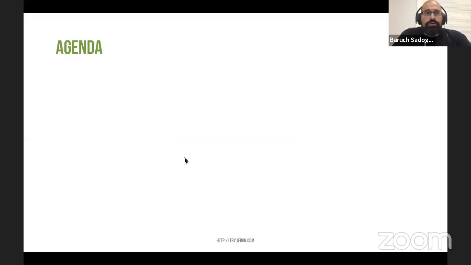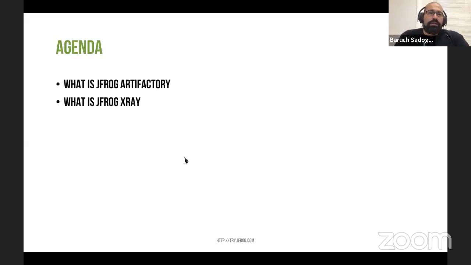So what we're going to do today is speak just a little bit about what JFrog Artifactory is, what JFrog X-Ray is, and then we will go through the trial, through the demo together. We will create an application file. We'll use Java for this example, but you will get the essence of how it works for any other programming language.